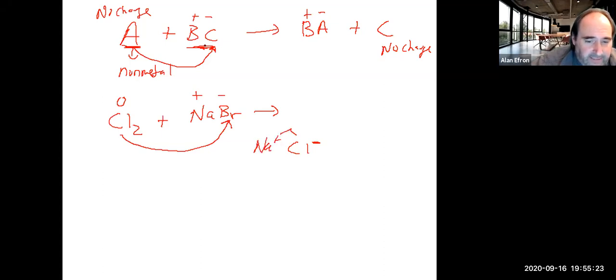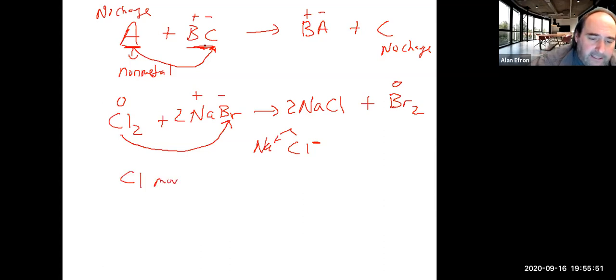These two guys will come together to make sodium chloride. The bromine will come out, and when bromine is in its elemental form by itself, it's one of those diatomic molecules. It has no charge over here. And also we want to do some balancing, a 2 there and a 2 there. And this is a single replacement reaction. What we would be able to determine in this case is chlorine would be more reactive than bromine if this reaction did take place.